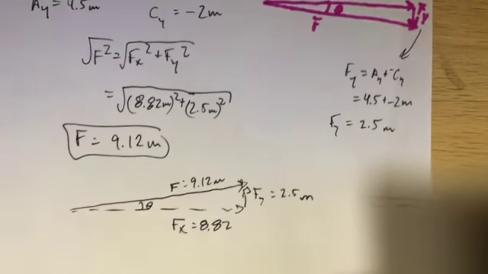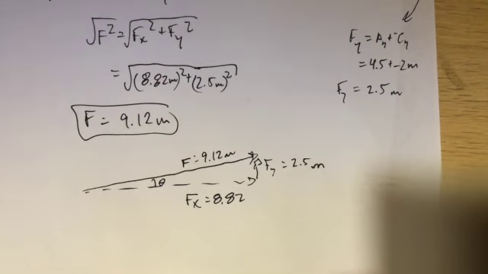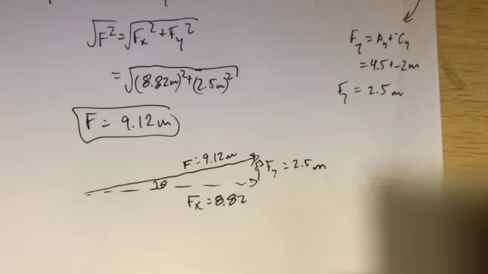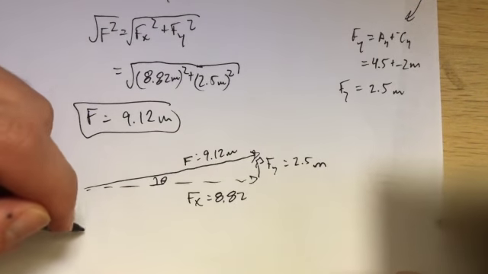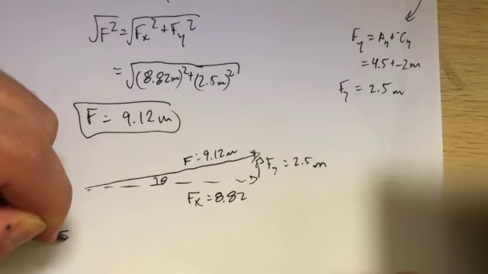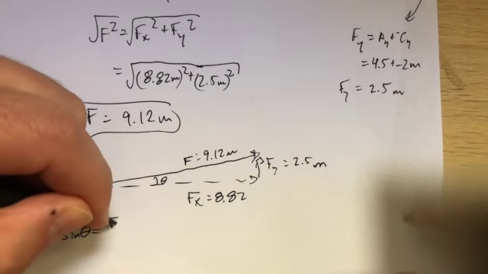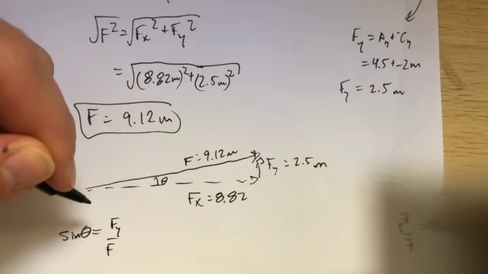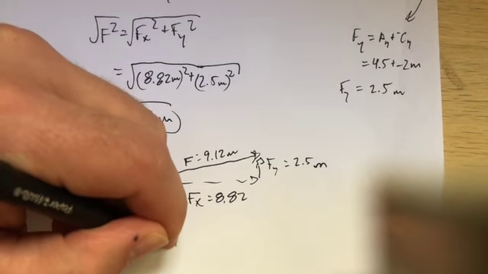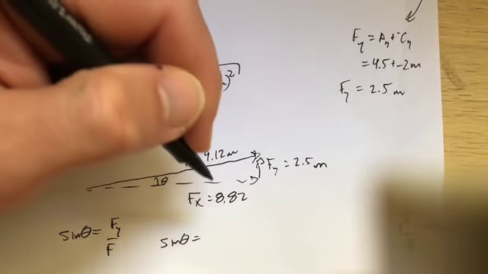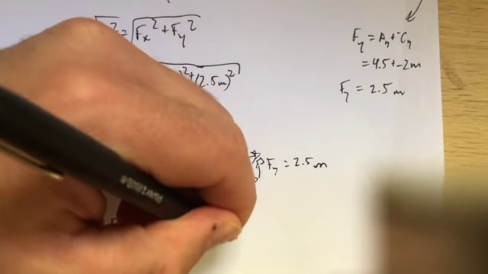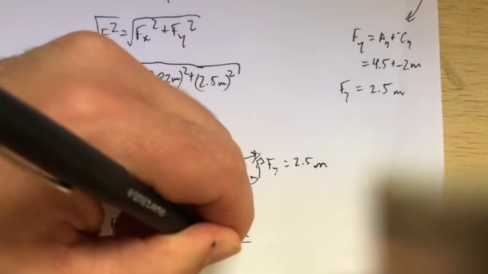So this is the angle we're trying to find. I've used inverse tangent before. Let's just use inverse sine this time. Why not? We have all sides. So I know that the sine of theta equals my opposite side, Fy, over F. All right? So the sine of theta equals 2.5 over 9.12.